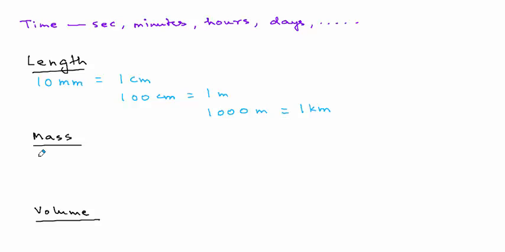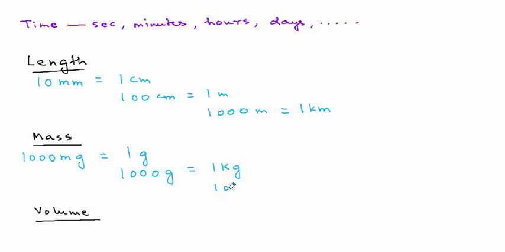One of the smallest units of mass is called the milligram, denoted as mg. And if you take 1000 of these, what you get is a gram. And if you take 1000 grams, that makes up 1 kilogram or 1 kg.